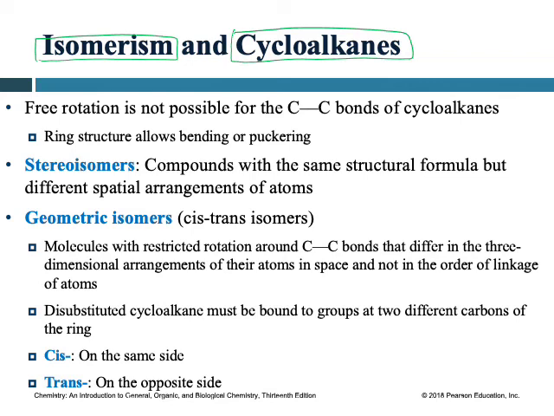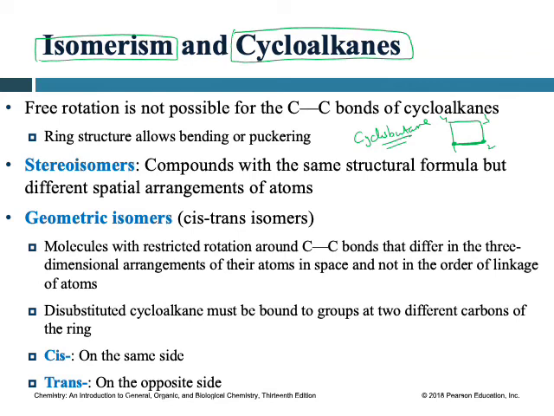So if I ask you, let's say you have this cyclo compound, which is cyclobutane. This is 4 carbon, 1, 2, 3, 4. If I have to rotate carbon number 1 and carbon number 2 using this bond between carbon 1 and 2, can I rotate them without breaking other bonds?